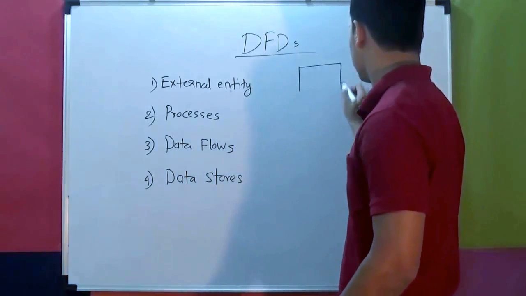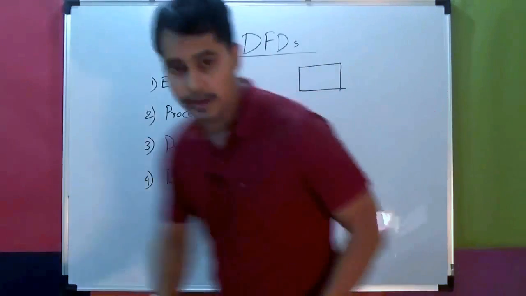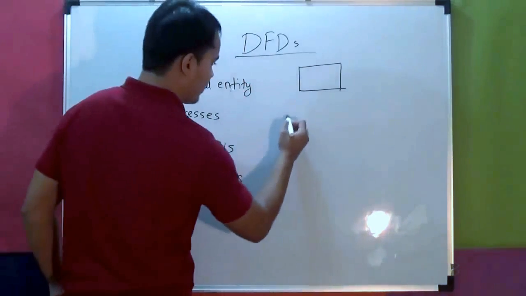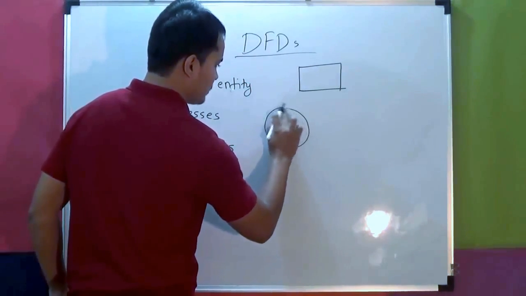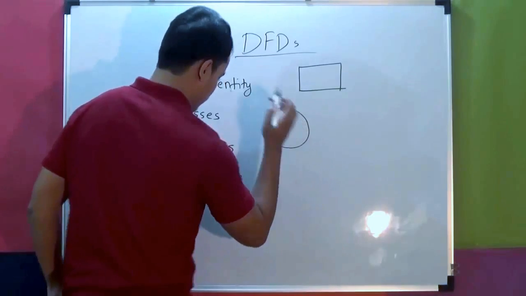Usually entities are denoted using rectangles. Processes are denoted using bubbles, or you could say circles.